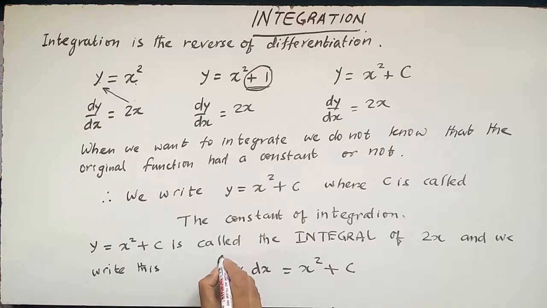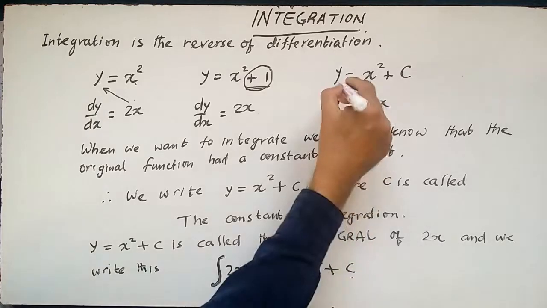This is the integration sign. We integrate 2x. This is called integration of 2x with respect to x, and the answer is x squared plus c.